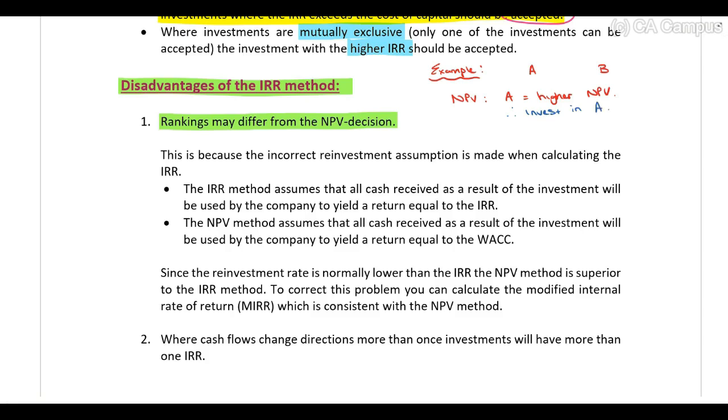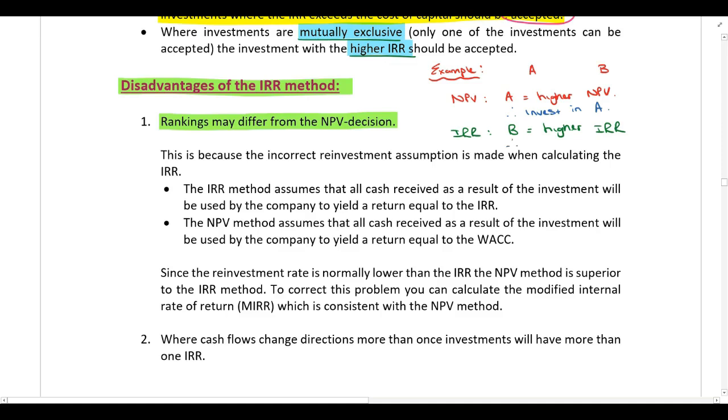On the other hand, I perform the same calculation but using the internal rate of return method, and I find that investment B has a higher internal rate of return. And we saw just above, if the projects are mutually exclusive, we should select the alternative with the higher internal rate of return.